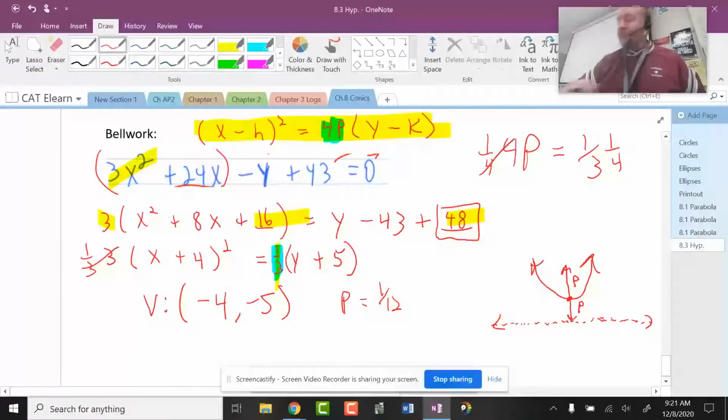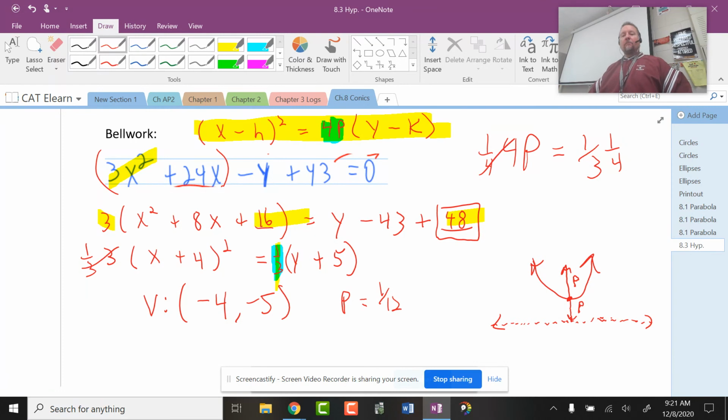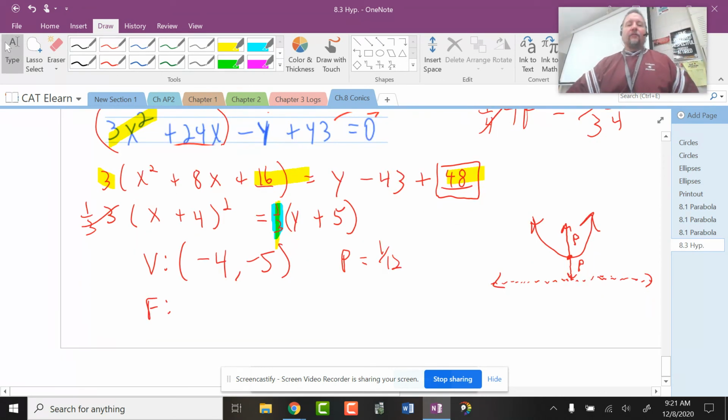All right, and let's just see the next part, what if 15 comes up again? 19. Michael. So what's the focus? You better not be touching that calculator, my friend. Who does that affect on the vertex? Is it the x coordinate or the y coordinate when I have to move up p? X or y coordinate of the vertex, Michael.